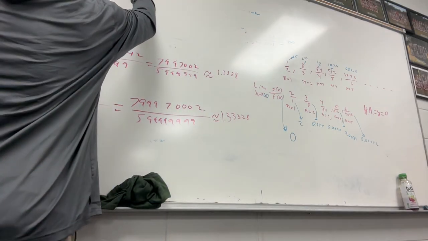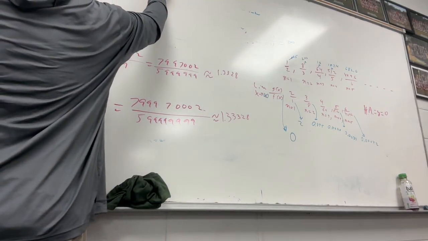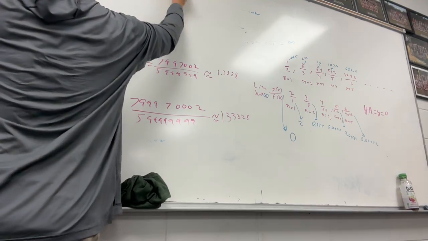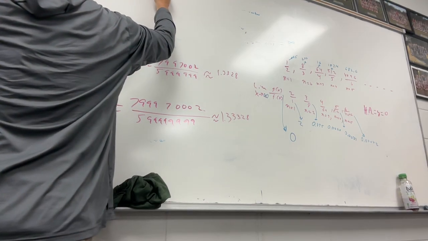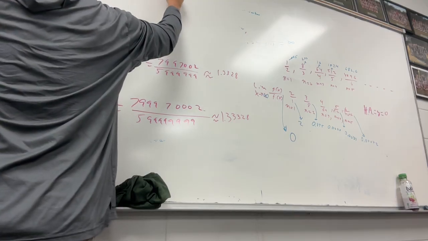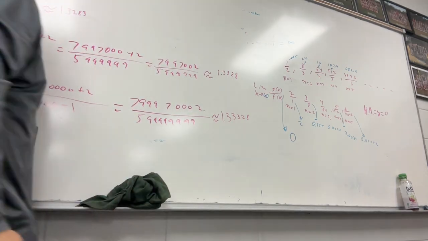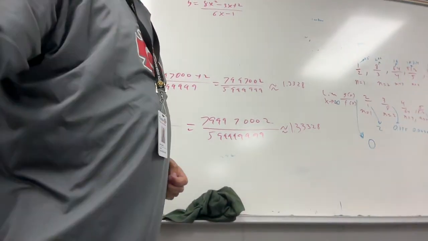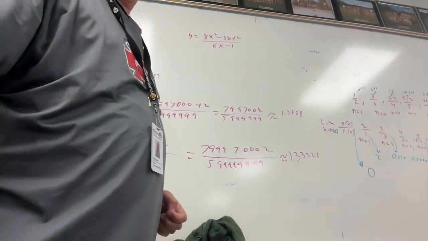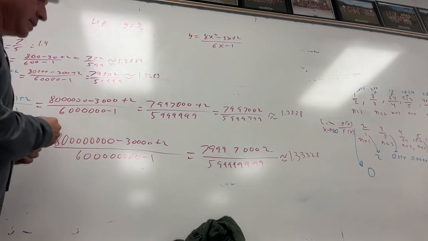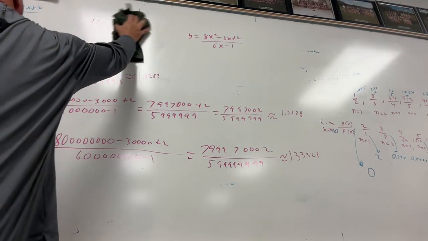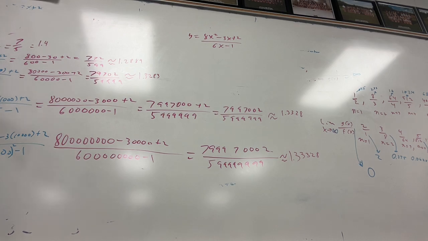Well, let's take y equals 8x squared minus 3x plus 2, and let's put that over not 6x squared minus 1, but just 6x minus 1. And I'm going to erase the rest of the board. Well, again, that numerator is going to grow a whole lot faster than the denominator.